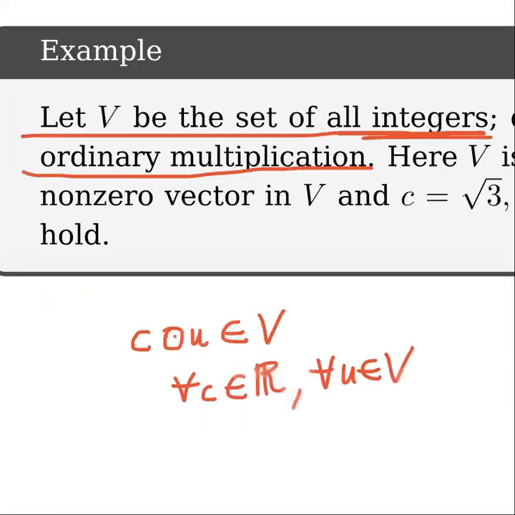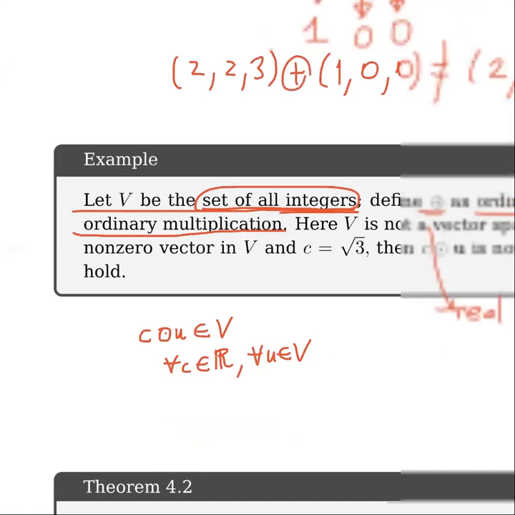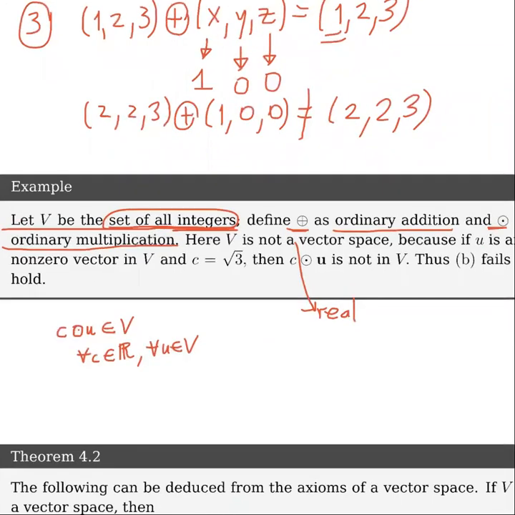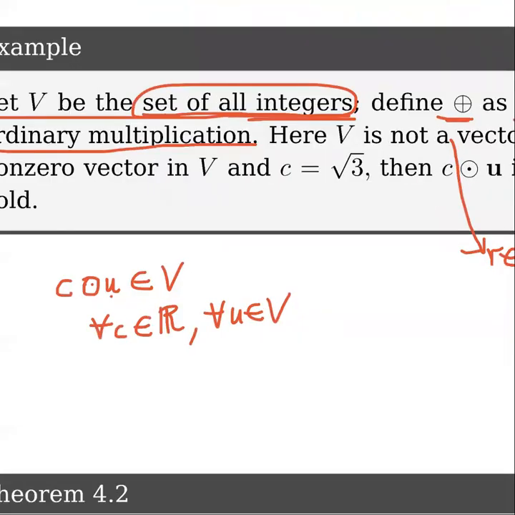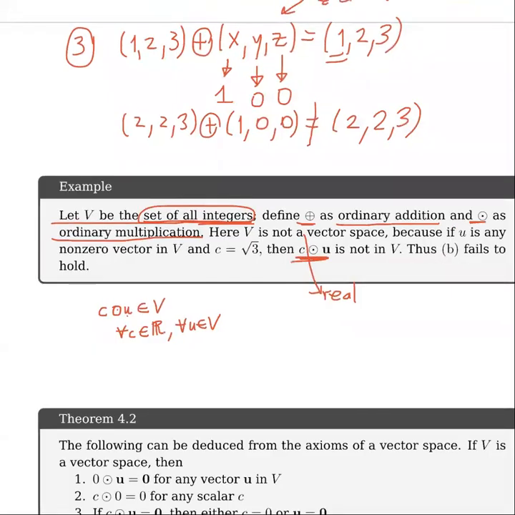Let's go back again. V is the set of all integers. Now we know that this ⊙ is the ordinary multiplication we learned in elementary school. So you see that if I multiply an integer by an arbitrary real number, the result will not be an integer. So the result of this operation is usually not in V in general, which means that this set is not a real vector space.